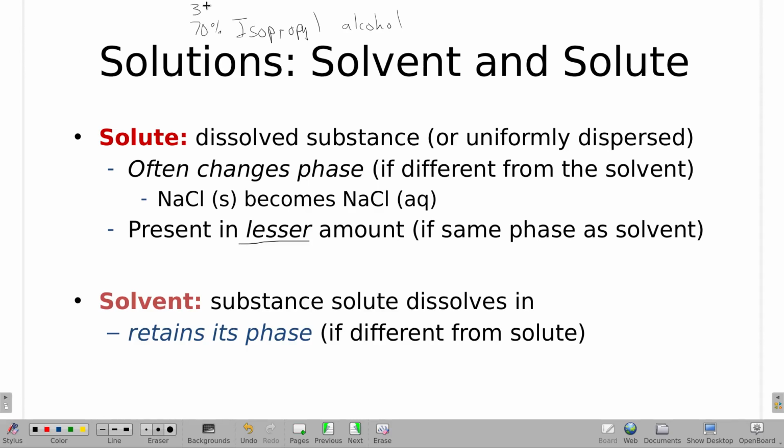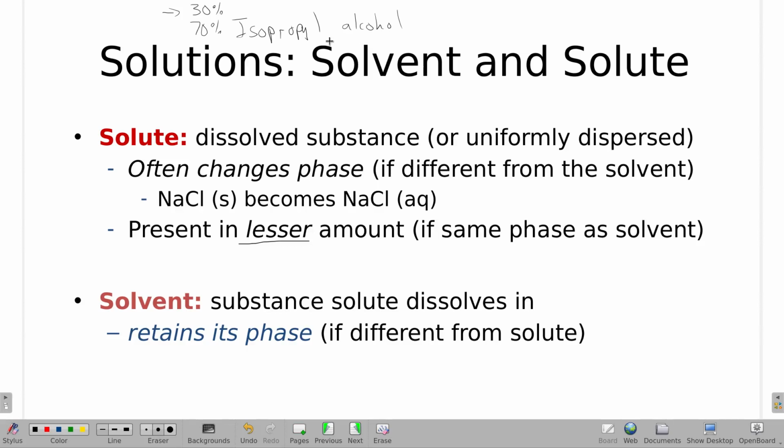You might find 30%. Now, those percents really are talking about the comparison of the isopropyl alcohol and water. And if we are talking about that 30%, that does mean that there's roughly 30 grams of isopropyl alcohol and 70 grams of water. So water would be the solvent there. But 70% means there's actually more isopropyl alcohol.